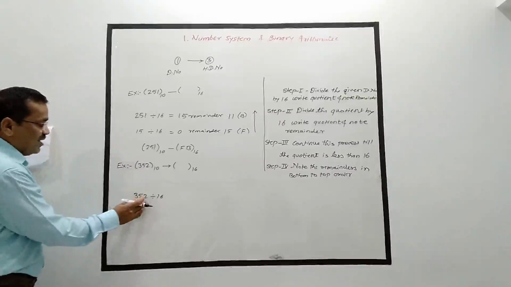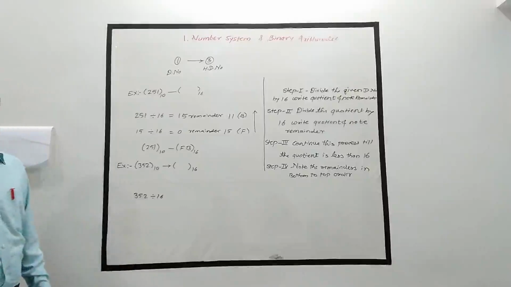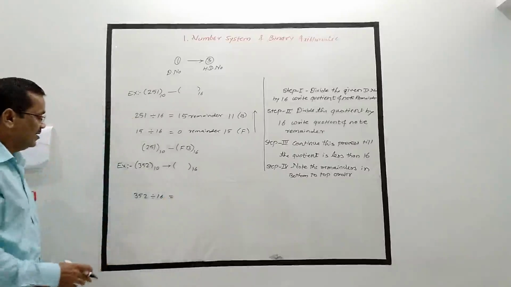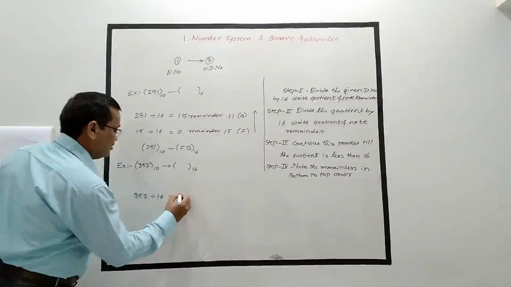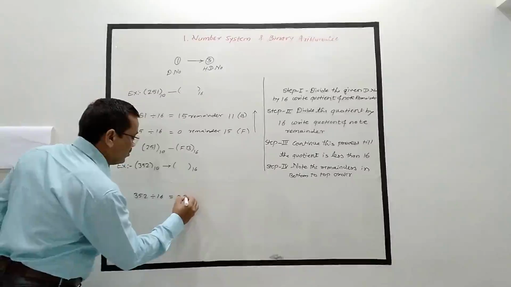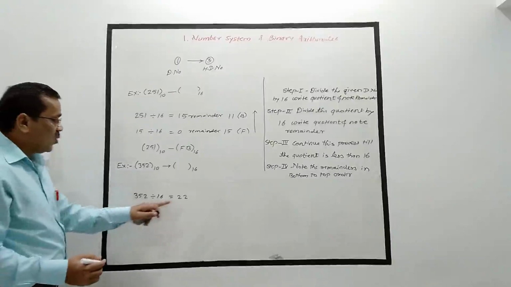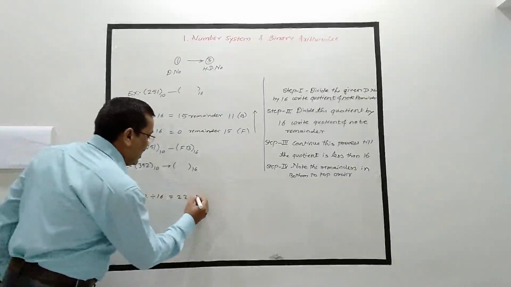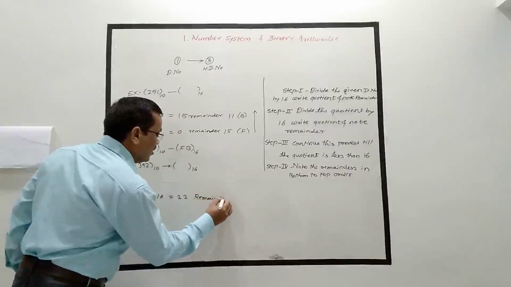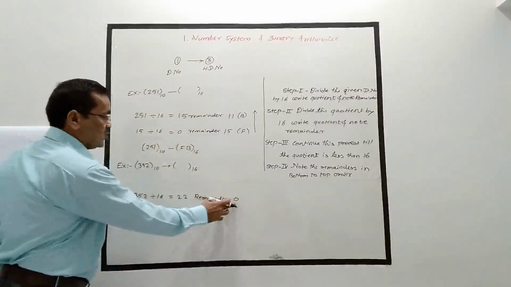The given decimal number is 352 divided by 16. What is the quotient and remainder? Here in this case, quotient is 22 and remainder is 0. So write 0 here.